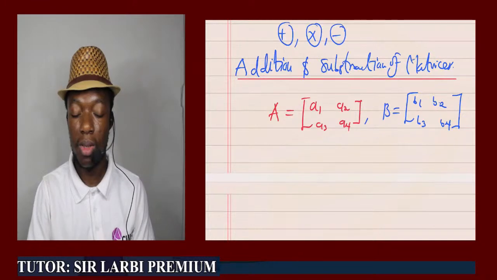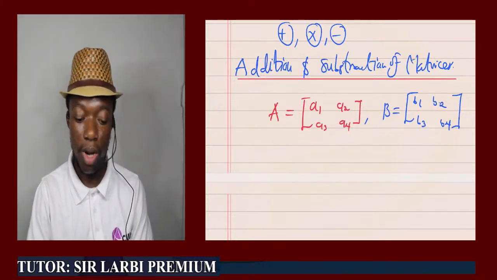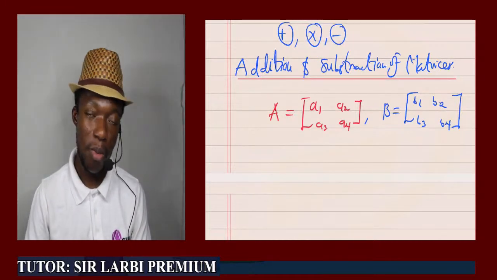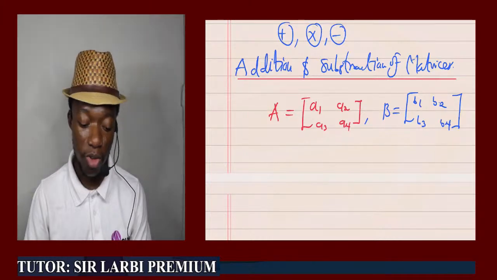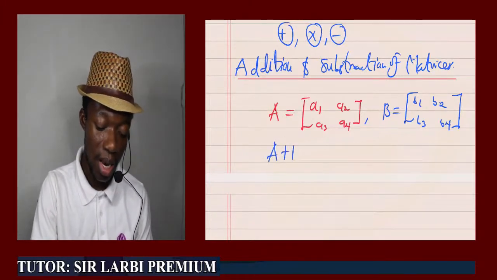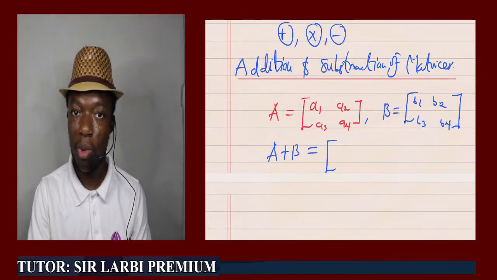If I'm asked to add or subtract these two matrices, the order is very important. If I add A plus B, I'm going to deal with their corresponding elements.